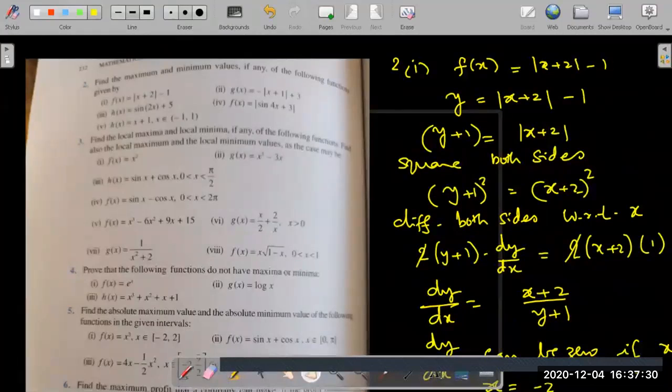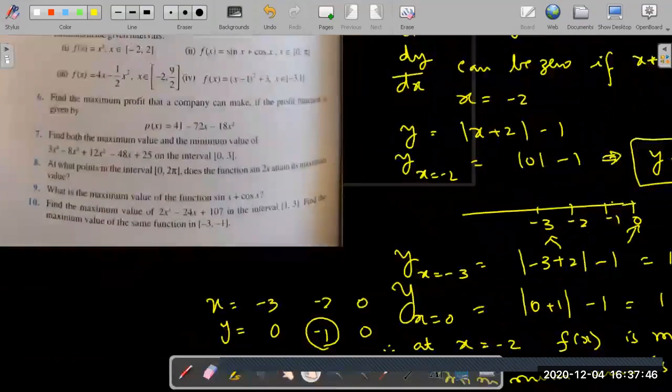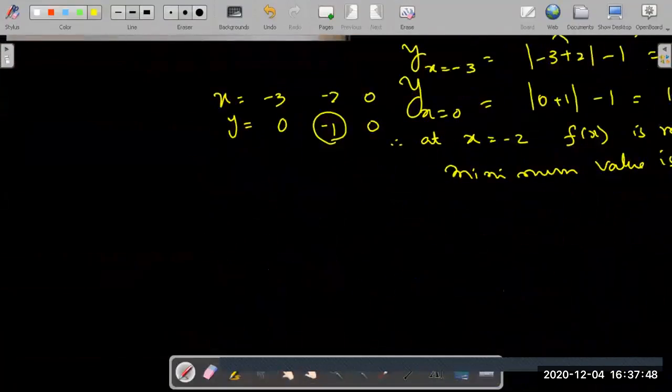Now we'll go to the second one. So g of x equal to minus mod x plus 1 plus 3. It's almost similar. Only when the mod is there, we have to do accordingly. We'll consider y is equal to minus mod x plus 1 plus 3.